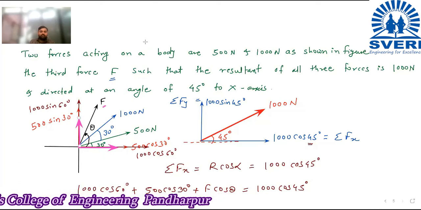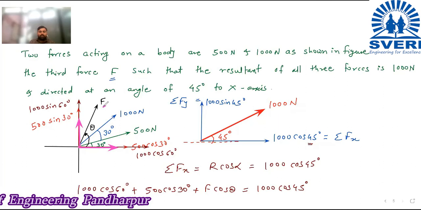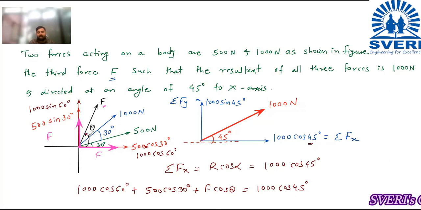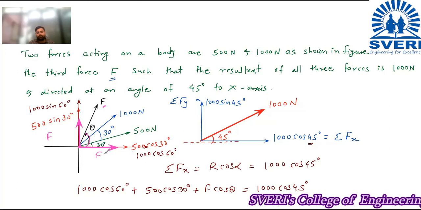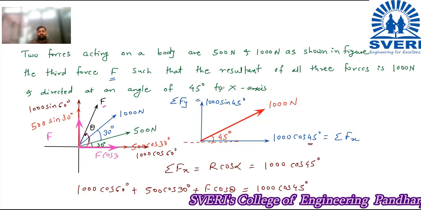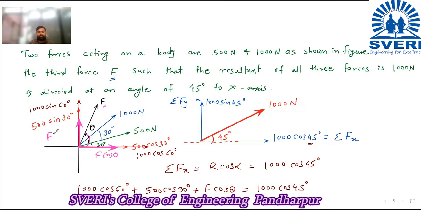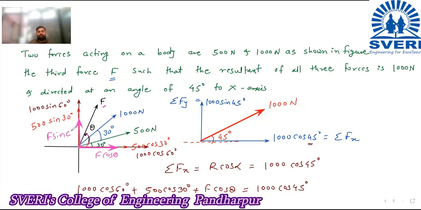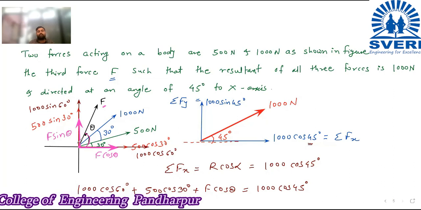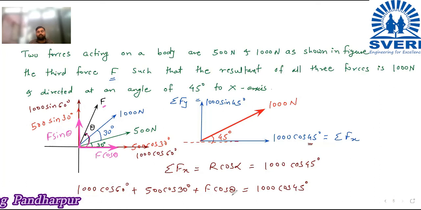So now this is the resolution of F. Here I will write F at both the ends. Now this angle theta is the angle with the horizontal component. So this will be F cos theta, as we don't know the value of theta and F, and this will become F sin theta. So from there I have taken this F cos theta over here.